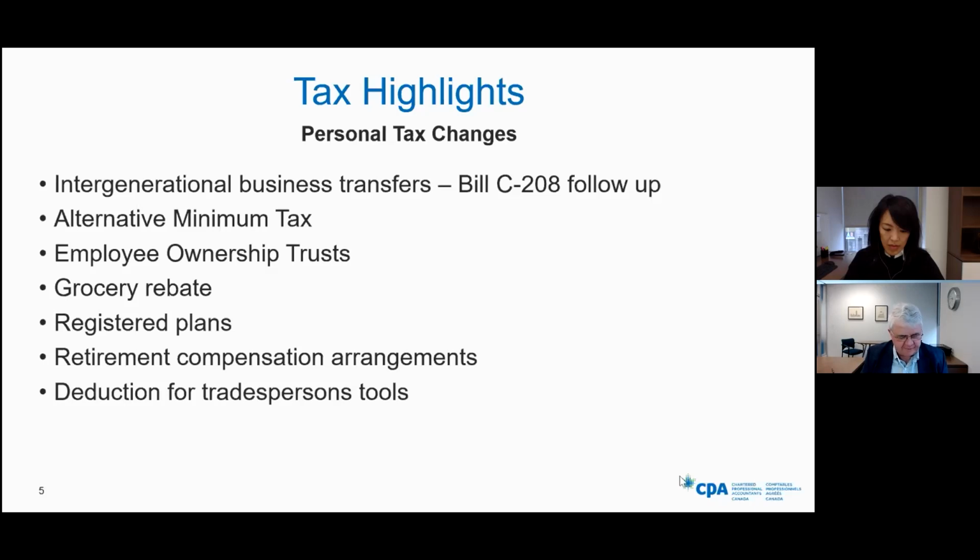At first blush, I think the first thing is you're going to have to think about the usual rules of thumb you might use when you think about people who might be subject to AMT, because I think they'll change. But it does look positive from the perspective that the number of people subject to AMT, the Department of Finance believes it'll actually go down.